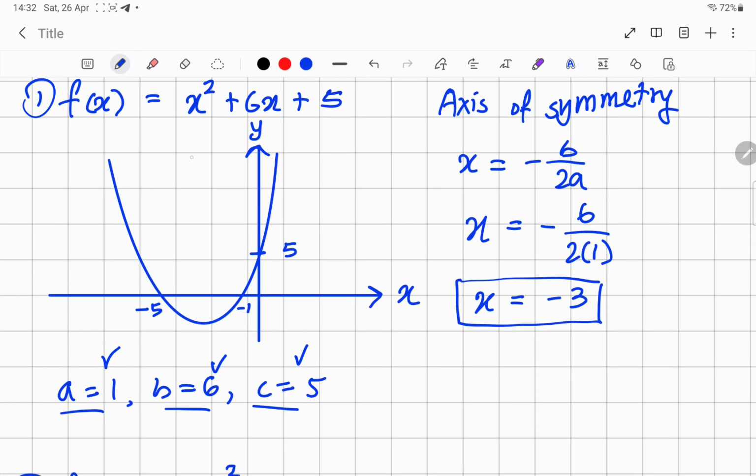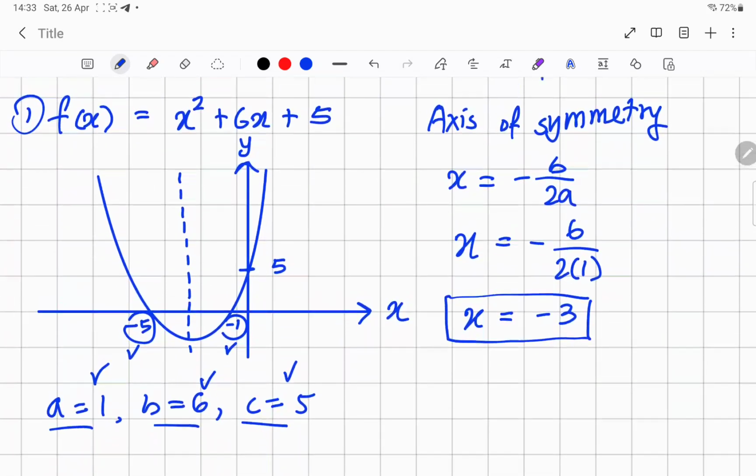It means the axis of symmetry will be somewhere here, because negative 5 is here and negative 1 is here, so negative 3 is in the middle of the two roots. So the axis of symmetry is settled.